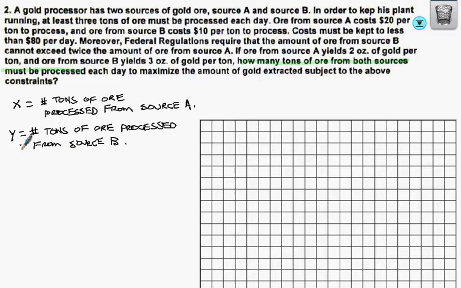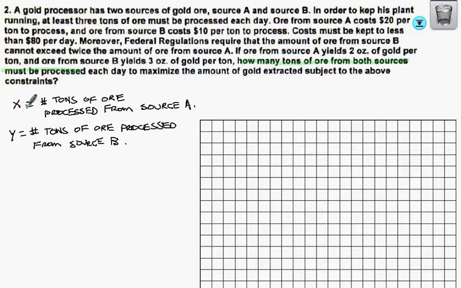Alright, so after we define the variables, now we need to start determining our constraints. The first thing I'm going to look at is, in order to keep this plant running, at least 3 tons of ore must be processed each day.